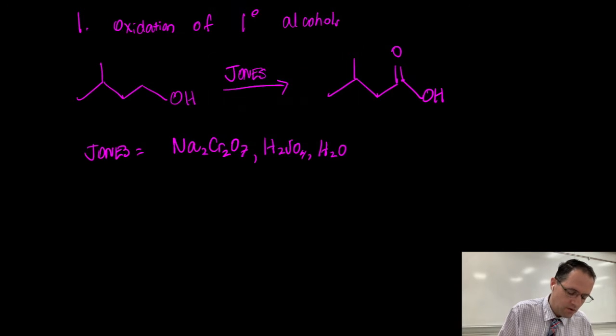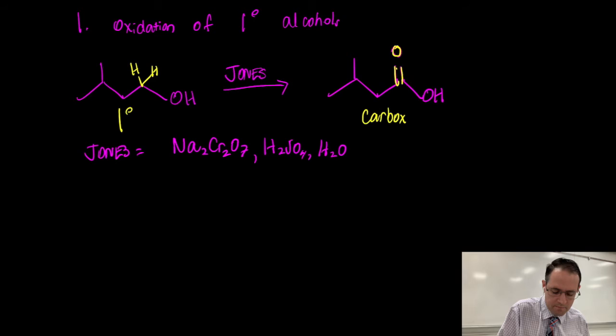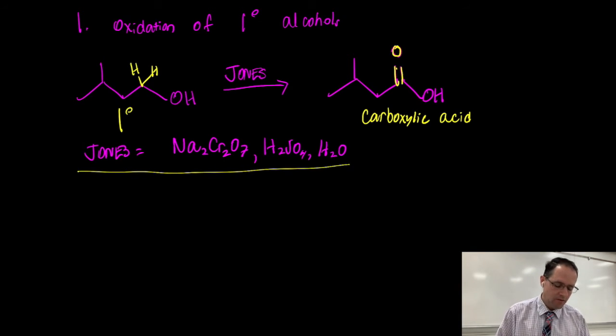So remember, we're doing two things. We're removing hydrogen from the molecule, and we're adding an extra oxygen atom. Those two indicators tell you that we are oxidizing that primary alcohol to a carboxylic acid. We're literally taking away those two hydrogens and adding a carbon-oxygen pi bond. And that's the Jones reaction.